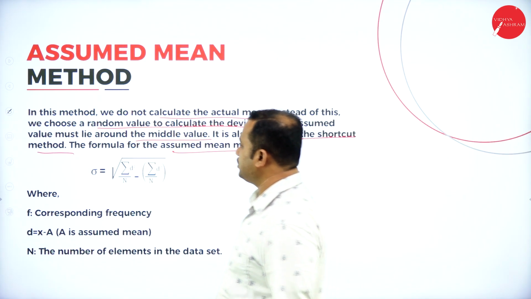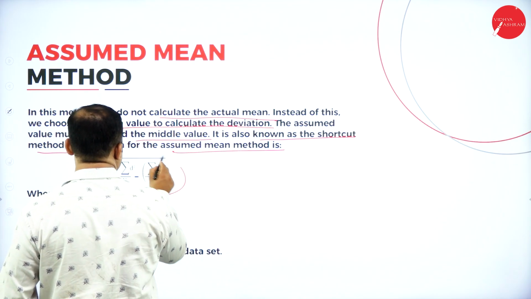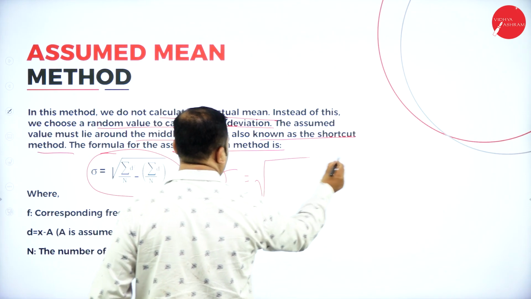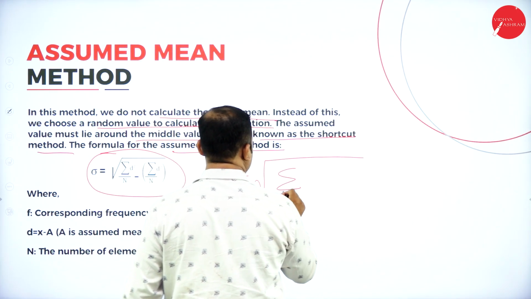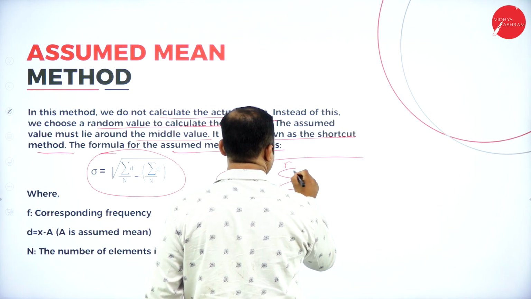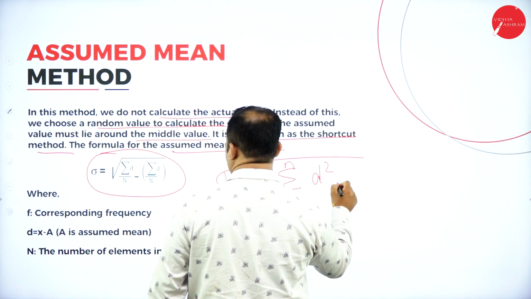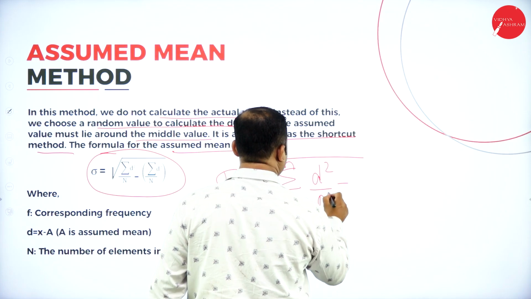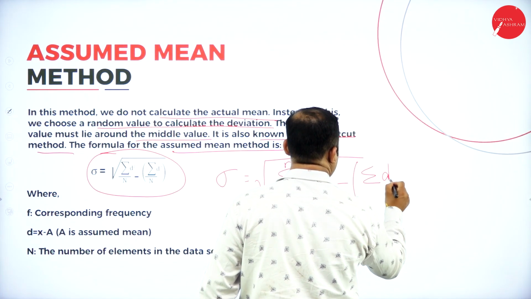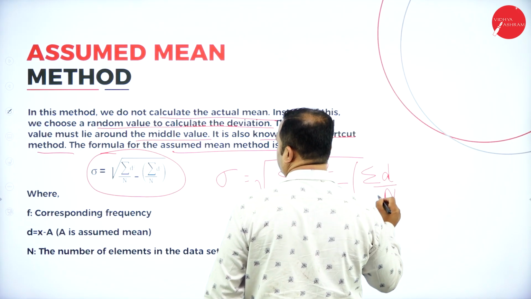The assumed mean method formula stands like this: sigma is equal to square root of summation i equal to 1 to n d square by n minus summation d by n whole square.